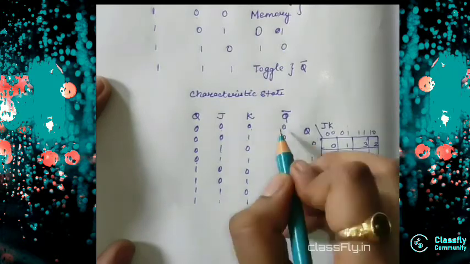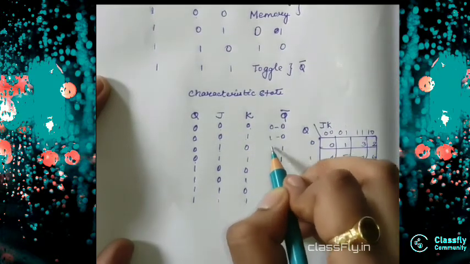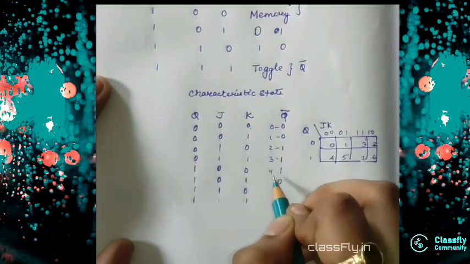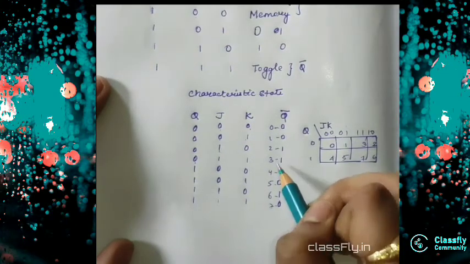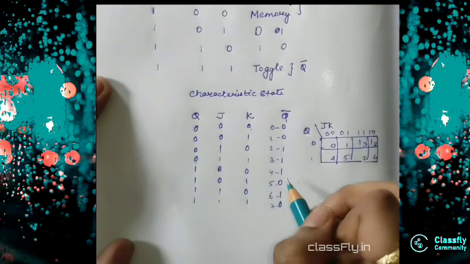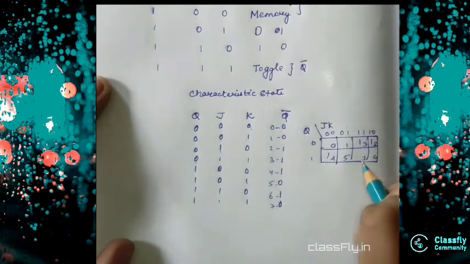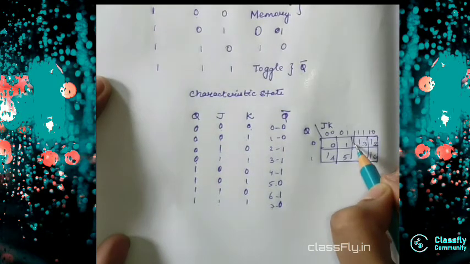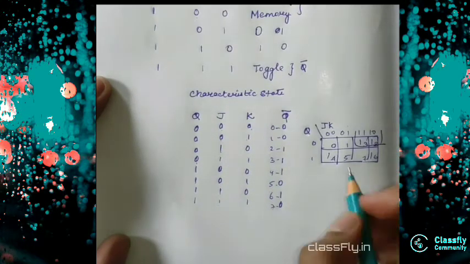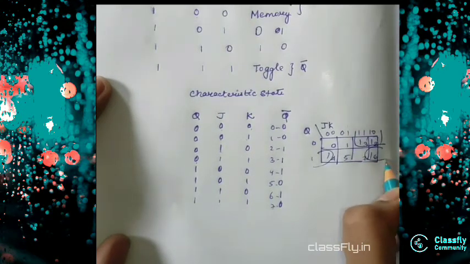Now I will see 0 1 2 3 4 5 6 7, right? Now see 2, 3, so 1, 1, 4, 1, 6, 1, right? So I will make a grouping of this. One grouping will be like this, another grouping will be like this.